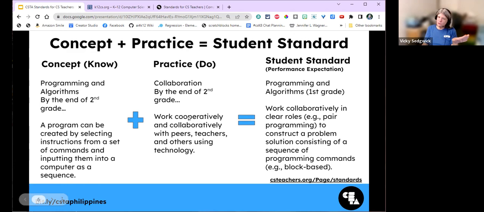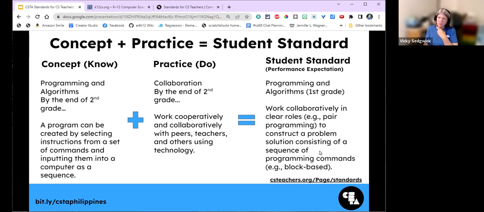But neither of those is a standard. The standard became this, okay? It's working collaboratively in roles, and we identify those, to construct a problem solution consisting of a sequence of programming commands. So it's putting those 2 together in something that is measurable that the student needs to perform.